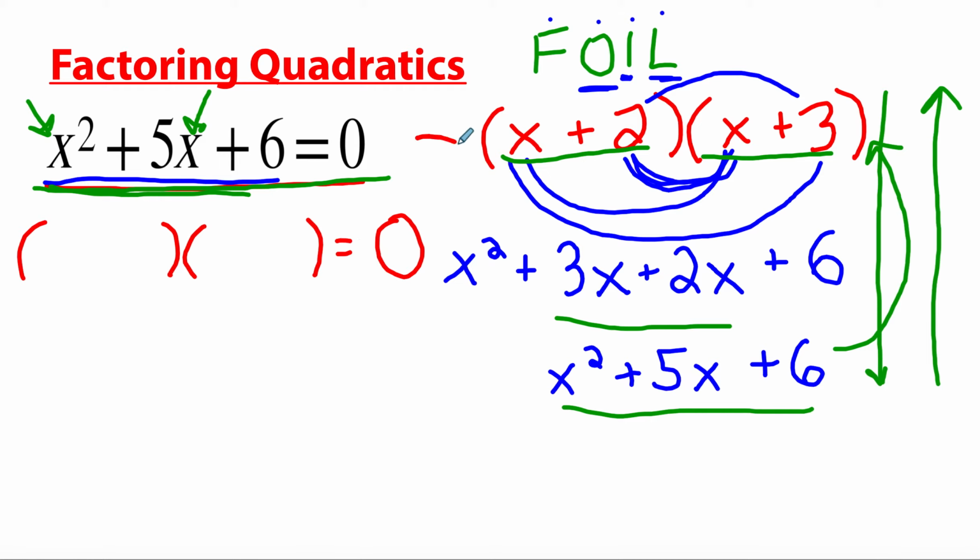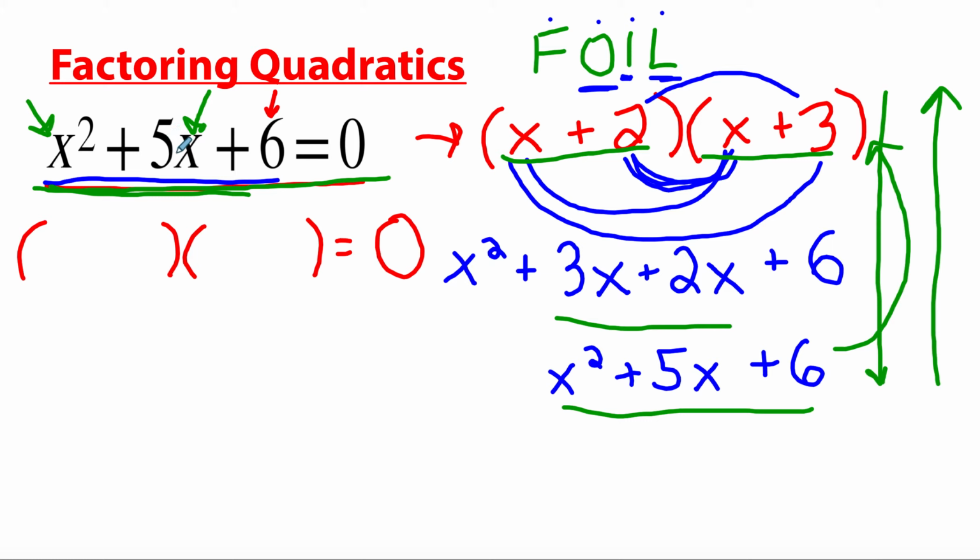Obviously, we know what the answer is, but let's talk about how we get there. Well, how we get here is we're going to undo this process. How do we undo this process? Well, we are going to work with the factors of 6 to get two numbers that multiply to 6 but add to 5.